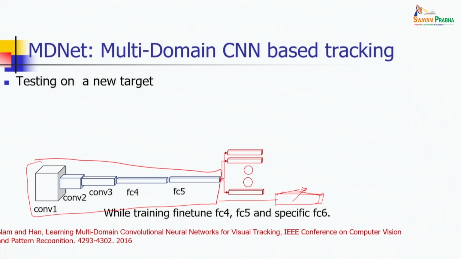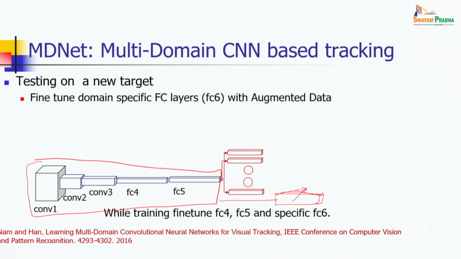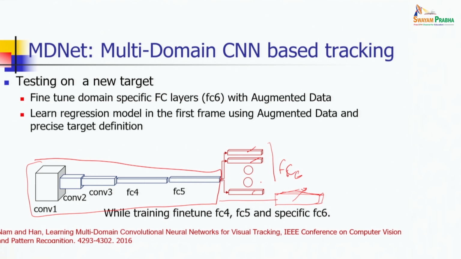So again, the training data set needs to be generated with the test frame also. That is why the fine-tuned domain-specific layers are called FC6 layers. All of them are called FC6 layers, but each one exists for its own domain while computing. So there are fine-tuned domain-specific FC layers with augmented data.